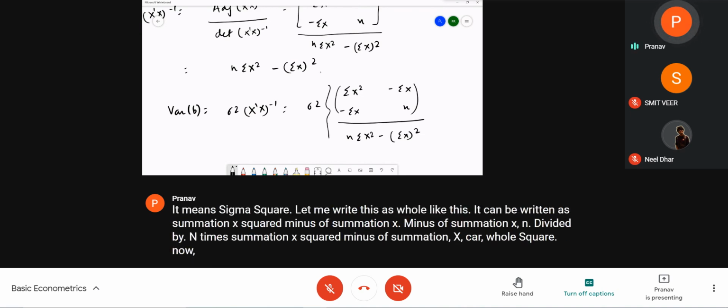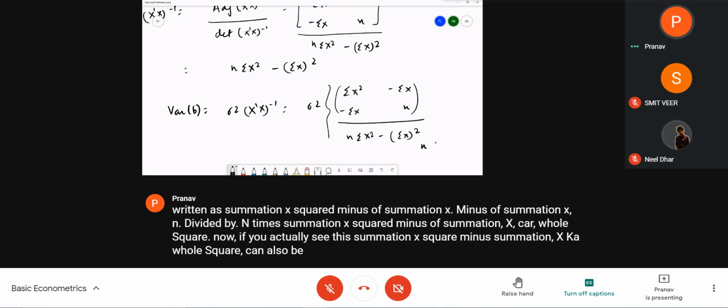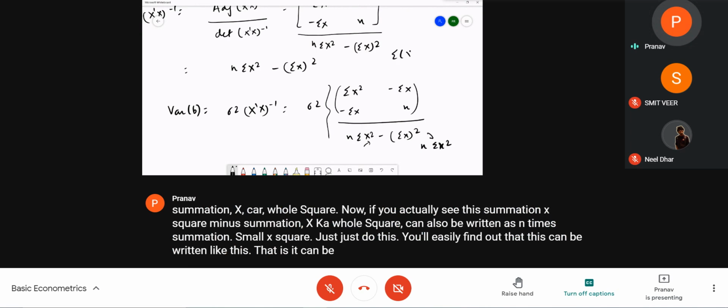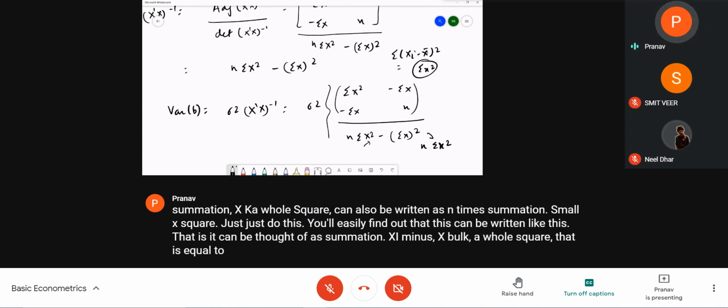Now, if you actually see, this n summation X square minus summation X whole square can also be written as n times summation small x square. Just do this. You'll easily find out that this can be written like this. That is, it can be thought of as summation xi minus x bar whole square, that is equal to summation x square.